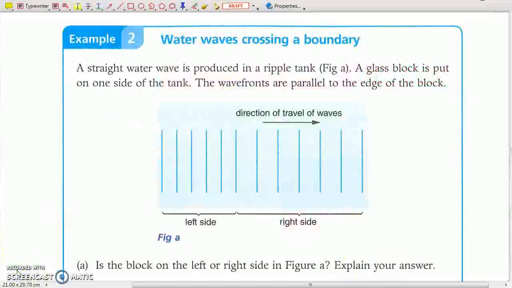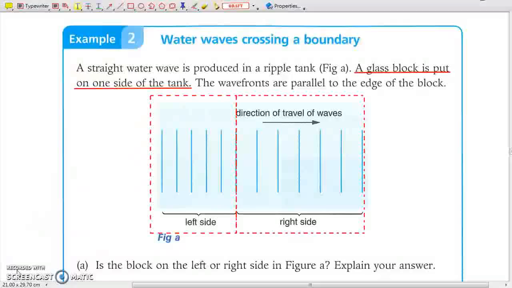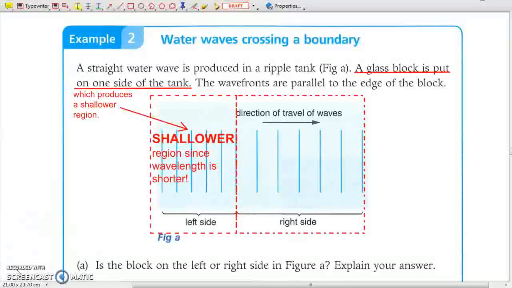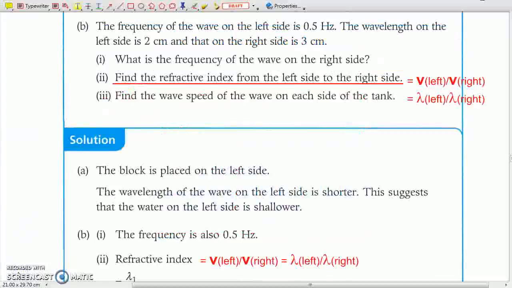Example 2. Water waves crossing a boundary. For part A, the block is a transparent block, which results in a shallower region, in which wave travels slower and so the wavelength is shorter. For part B1, frequency does not change in refraction.